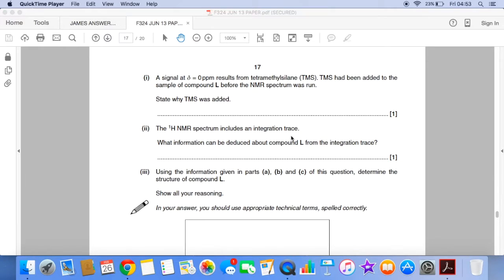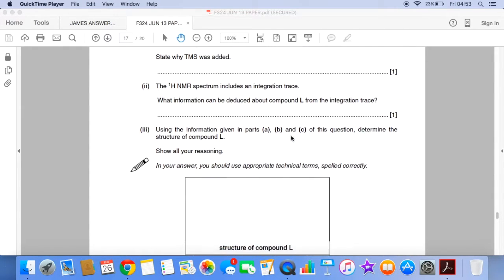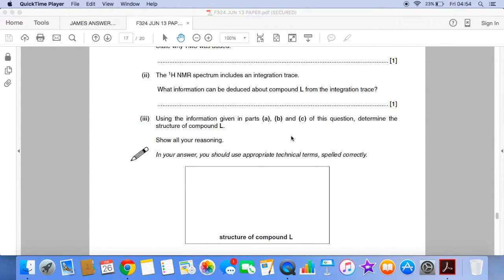And then the main part of this question, worth 7 marks: we have to come up with a structure for compound L, and we must include information from parts A, B and C. So not just the proton NMR, but the carbon-13 and the elemental analysis. If you want to have a go at that, pause the video and then play on and I'll go through the answers.